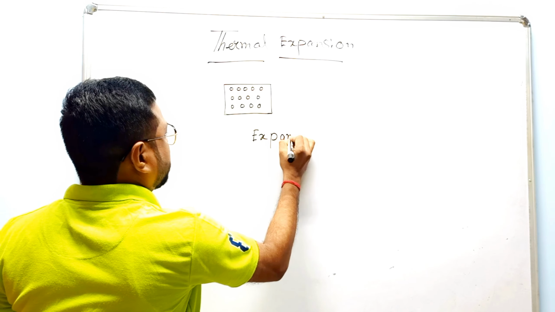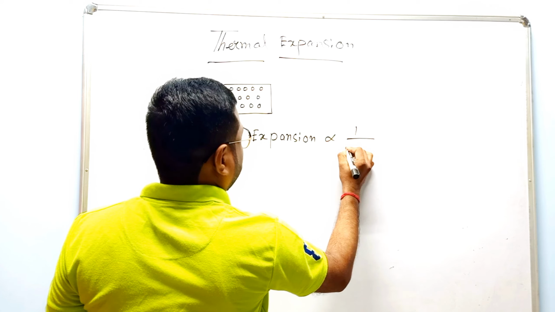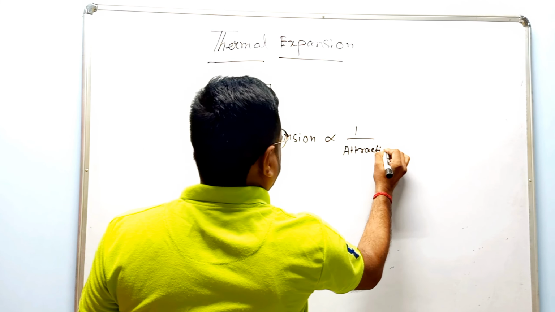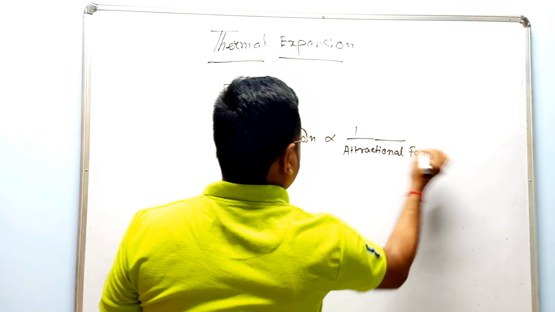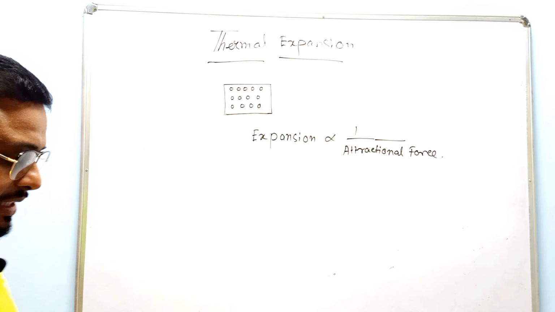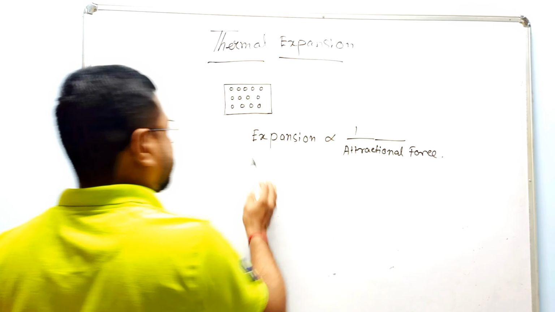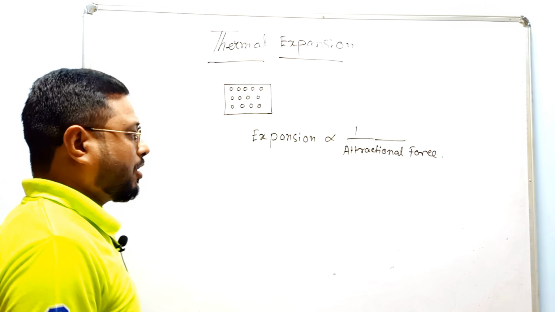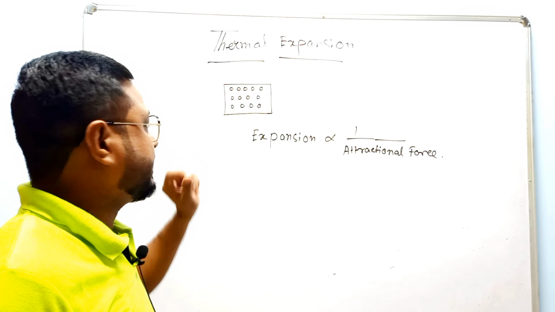Any type of expansion is inversely proportional to the molecular attractional force. Where attractional force is large, expansion is least, and where attractional force is small, expansion is large. So the expansion of gas is highest, then liquid and then solid.